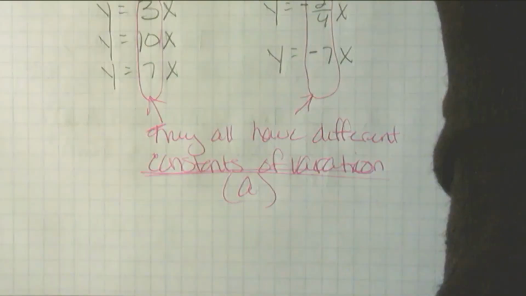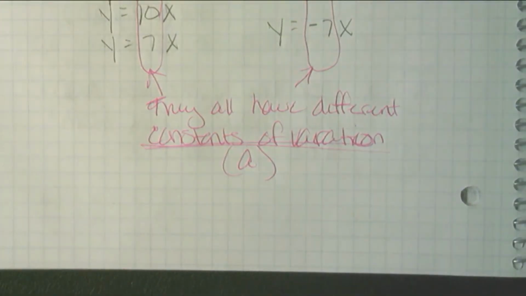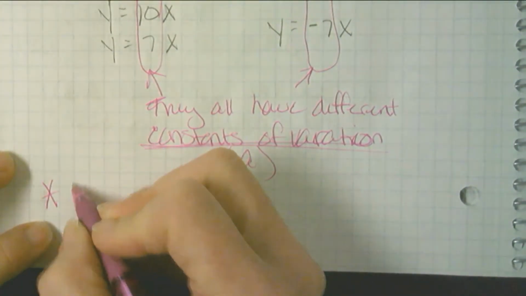So, to write a direct variation equation, whether it's from a graph or a story problem, all you need to do is find A. That's it. You don't need a y-intercept. You don't need an initial value. You don't need any of that.